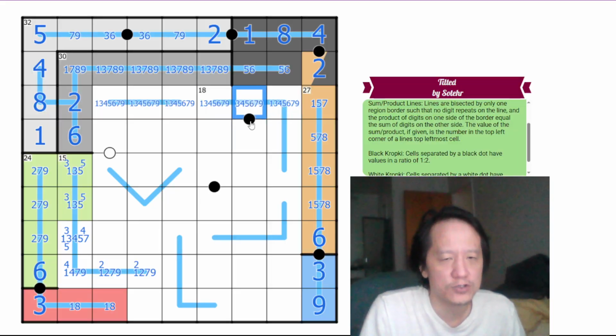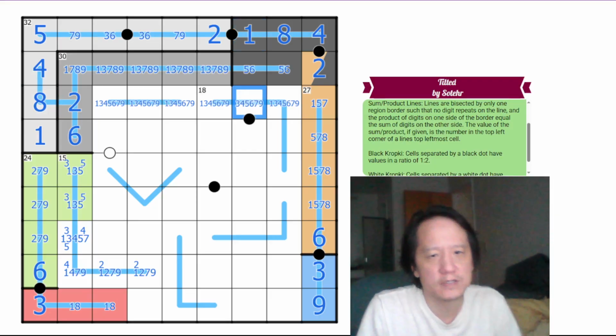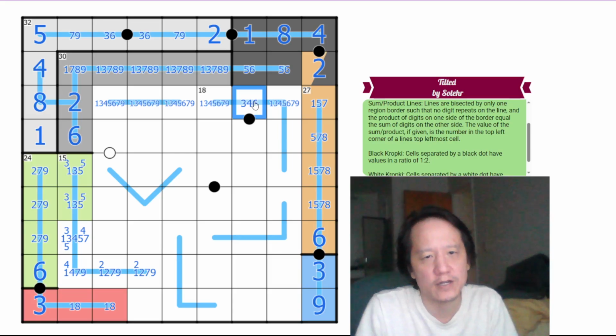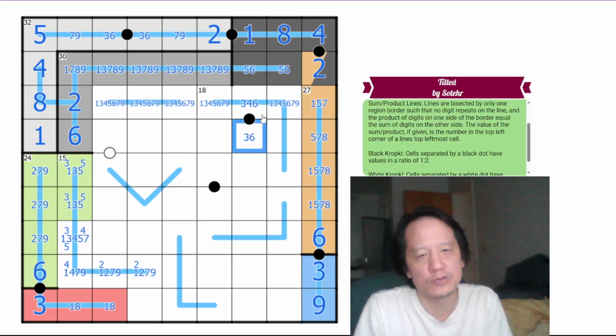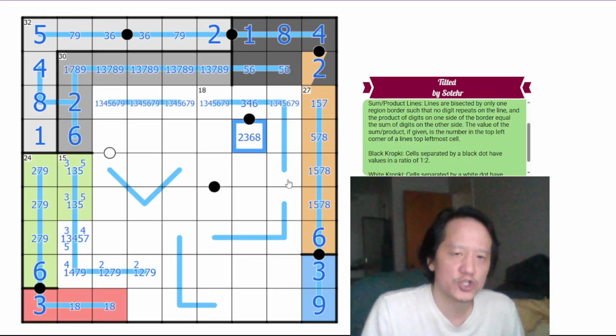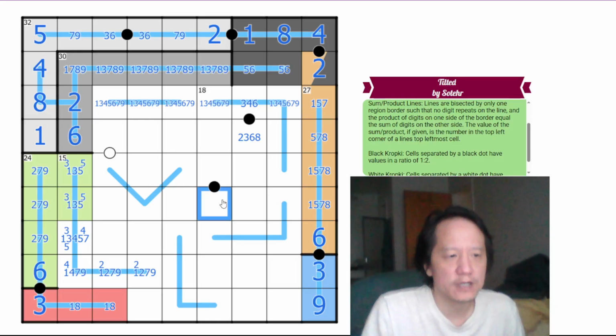This is a 1 to 2 pair. It cannot contain 1, 2, or 8. And so it can't be 5, 7, or 9. So this is either 3 or 6 with 3 or 6 here, or 4 with 2 or 8 here. We're not sure which. To multiply to 18, you either have 2, 9, or 3, 6. No, not 3, 6.